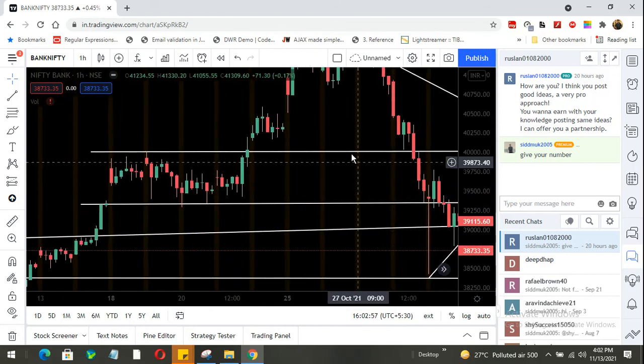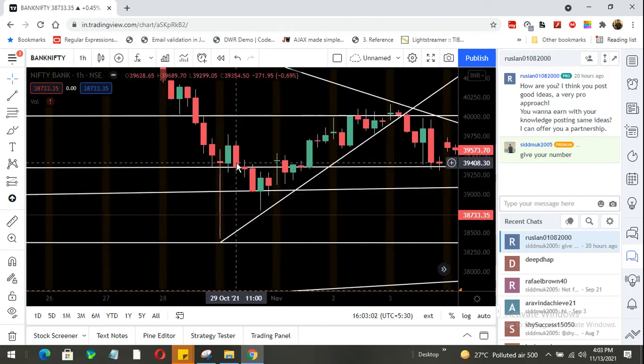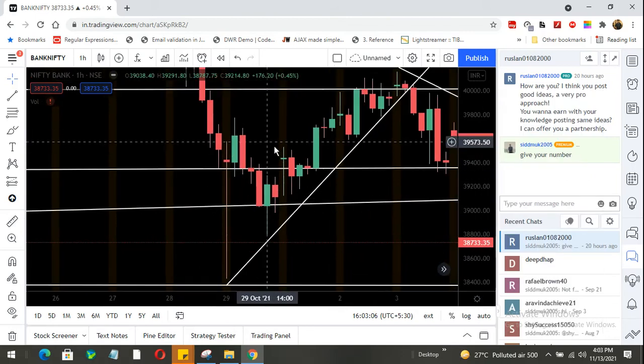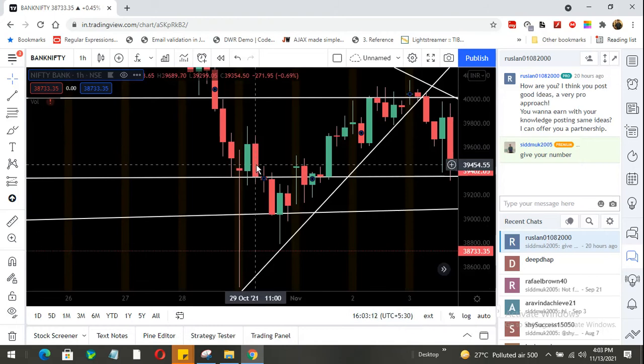Okay, now see, this is the bearish Harami pattern, because the whole body of this green candle is exactly within this red candle. So the red candle is the secondary candle, and the primary candle is the green candle.